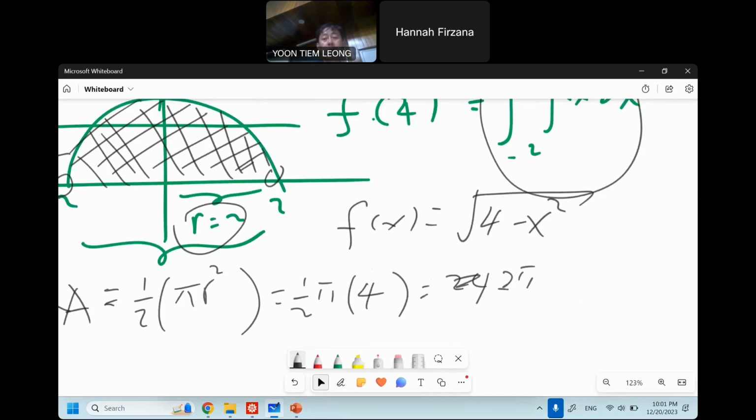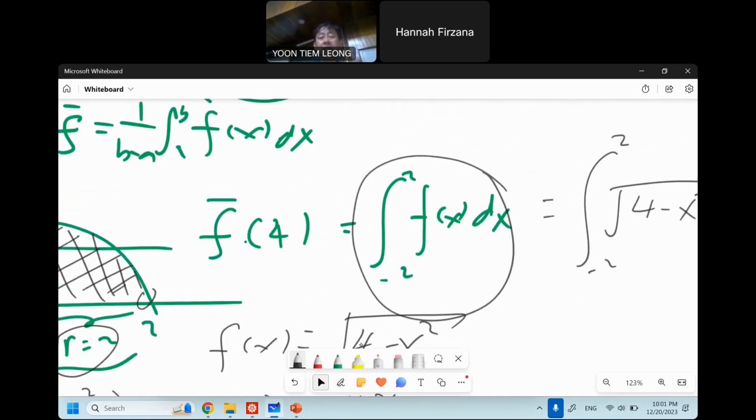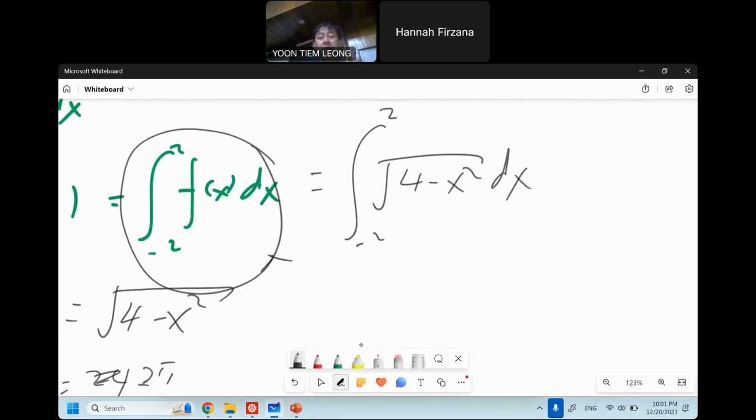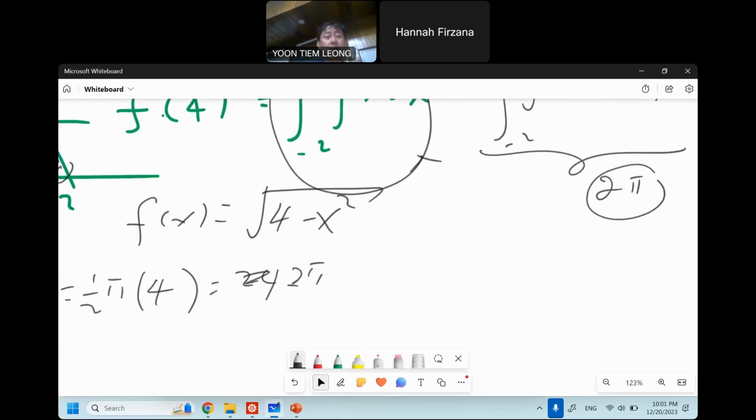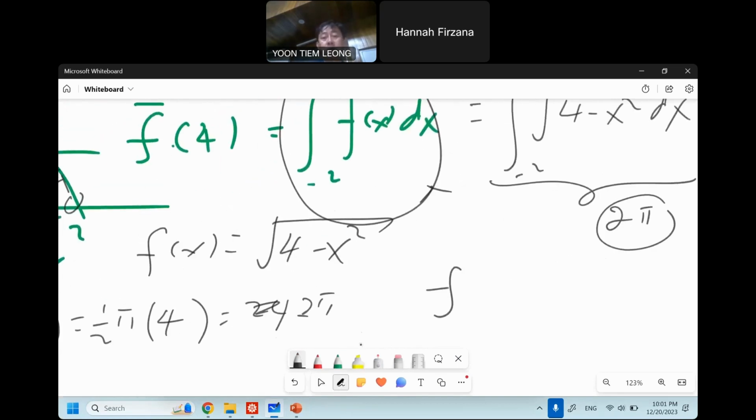Therefore, the definite integral of this function from minus 2 to 2 can be easily calculated using the geometrical approach, which is equal to 2 pi. Okay? So then the answer for this question becomes straightforward.